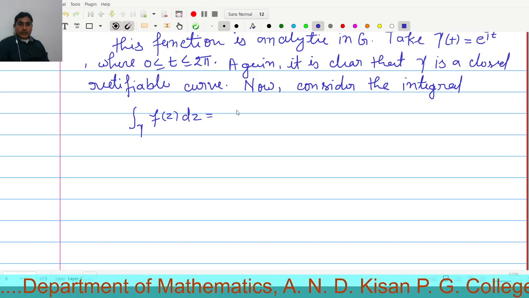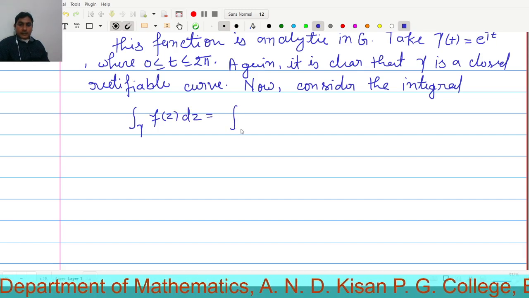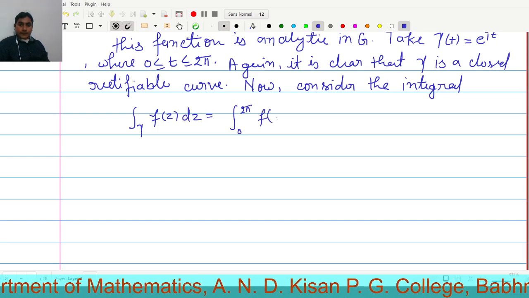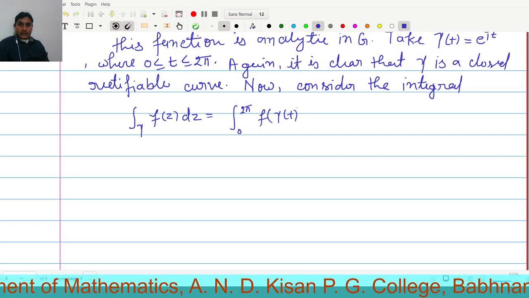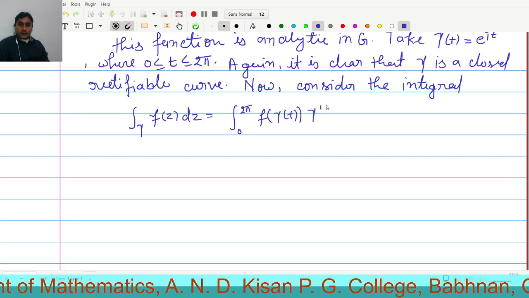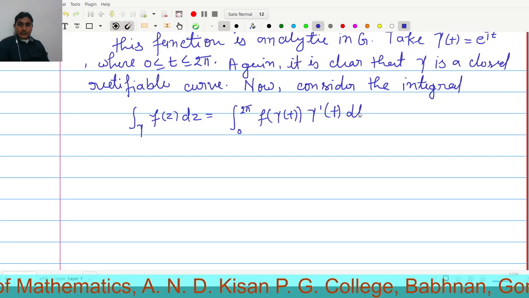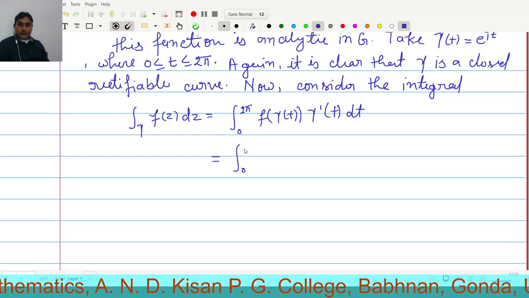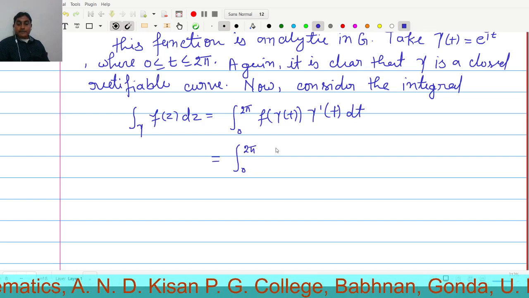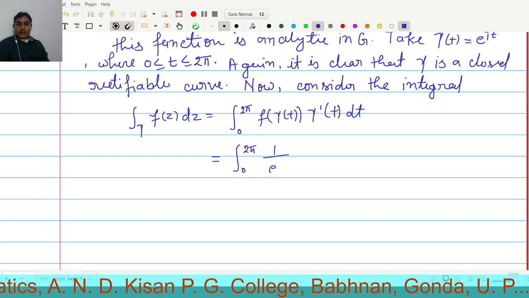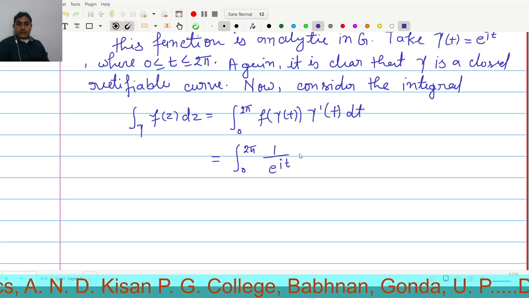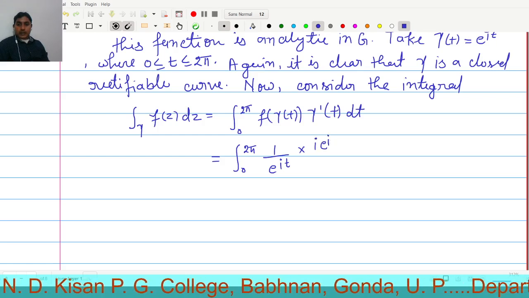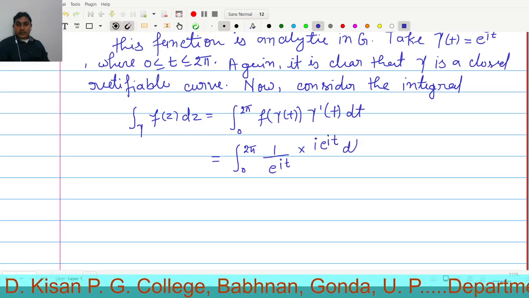This is given by the integral from 0 to 2 pi of f of gamma t into gamma dash t dt, and this is exactly equal to the integral from 0 to 2 pi of 1 over e to the power it into i e to the power it dt.